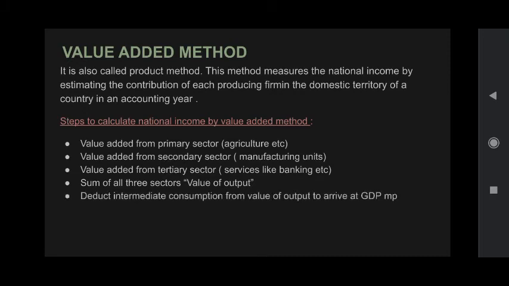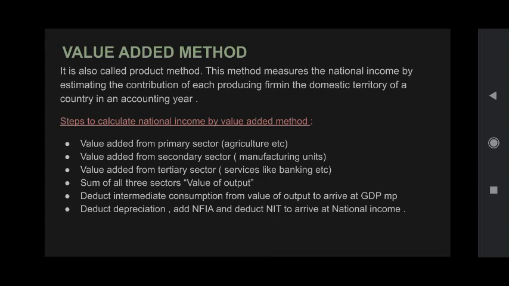And then from this value of output, you deduct the intermediate consumption to arrive at GDP at MP, that is gross domestic product at market price, right?